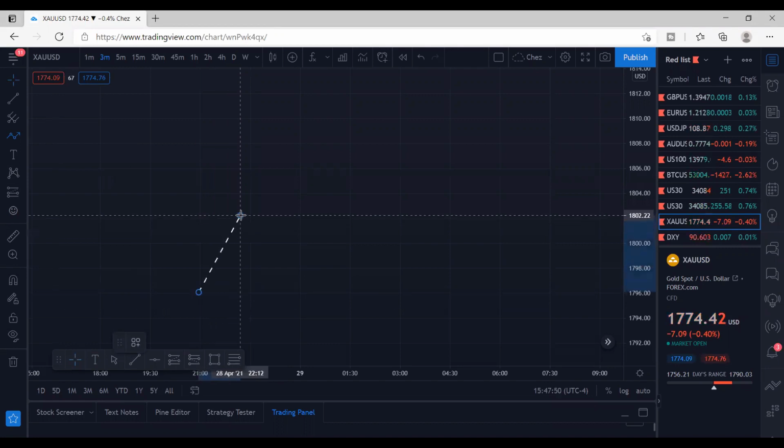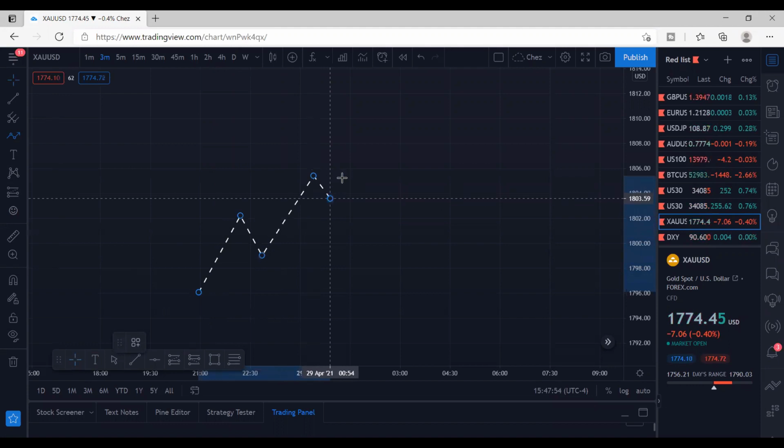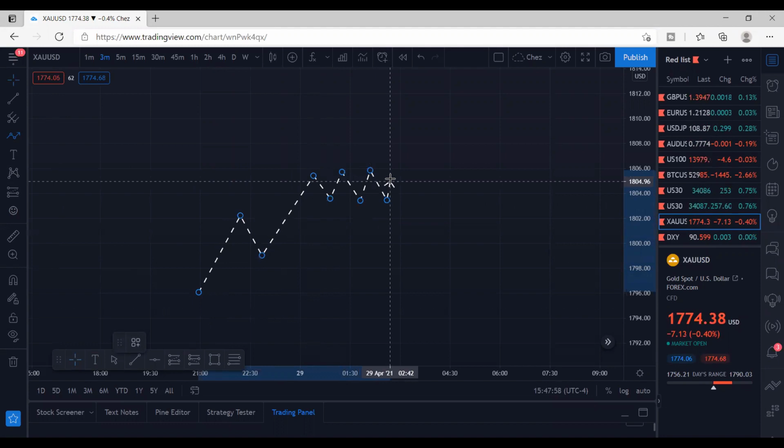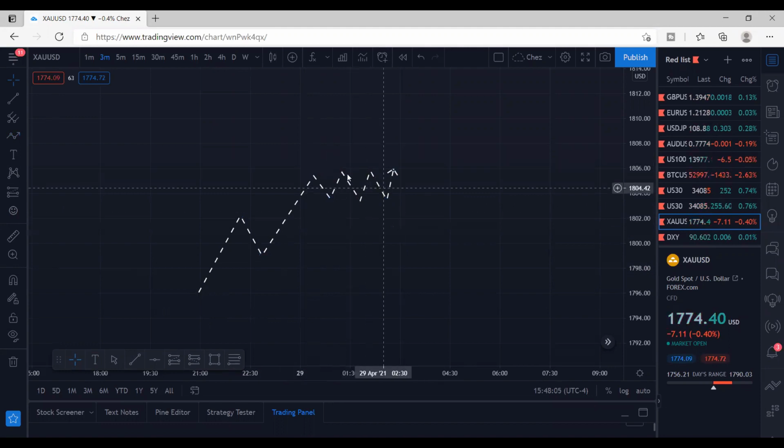We're in an uptrend, price is going up, and then all of a sudden you notice that price starts to consolidate in a little kind of zone right here, okay? Now, this right here can be looked at as a supply and demand zone.